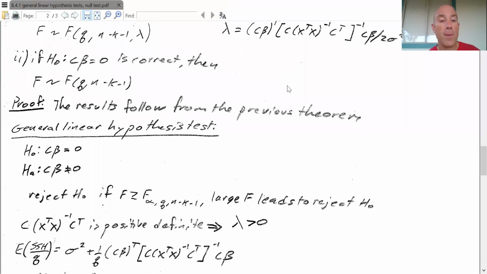So the expected value of SSH over Q is going to be sigma squared plus all this stuff. This part here has to be positive, since we have positive definite in the middle and C beta is a vector. Since it has to be positive, the expected value has to be greater than sigma squared.